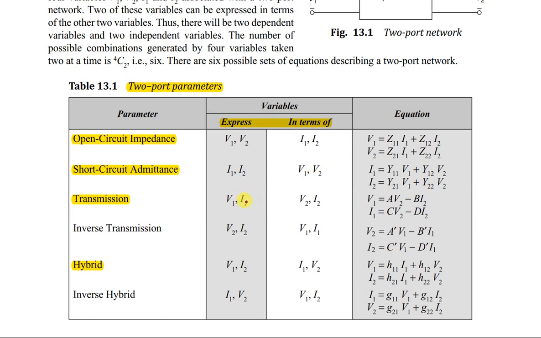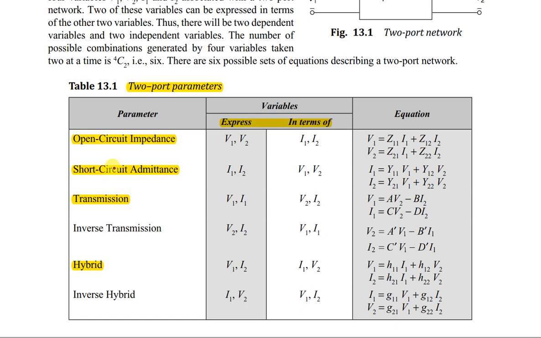Or input voltage and input current can be expressed in terms of output voltage and output current. Similarly, V2 and I2 are expressed in terms of V1, I1, and V1, I2 are expressed in terms of I1, V2. So there are six combinations where we can express two variables in terms of the other two.